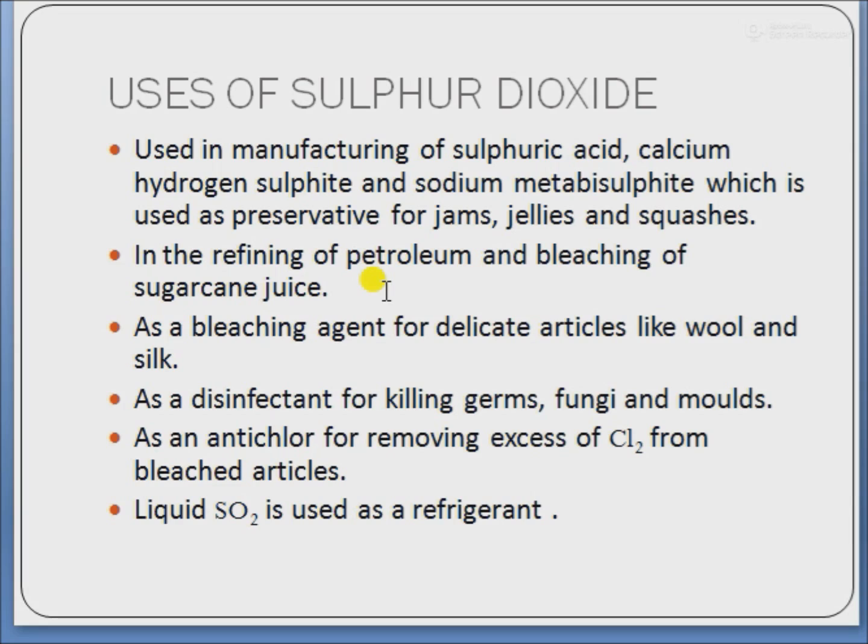It is used as a disinfectant for killing germs, fungi and molds. It is used as an antichlor for removing excess chlorine from bleached articles. Liquid SO2 is used as a refrigerant and a solvent to dissolve a number of organic and inorganic chemicals.